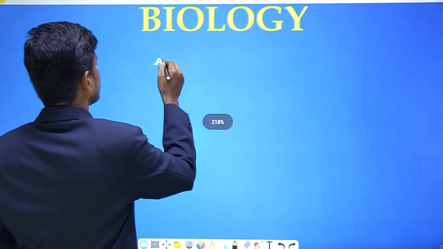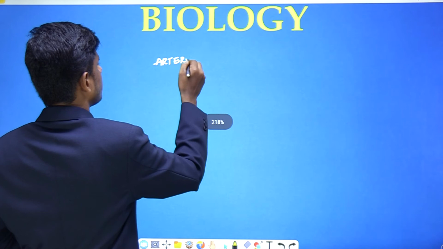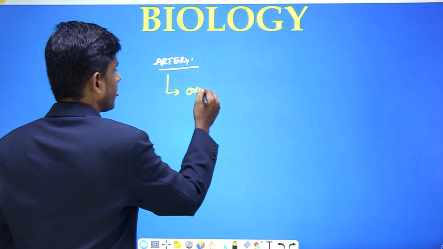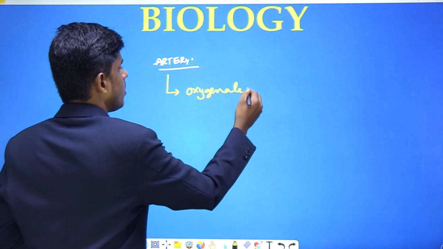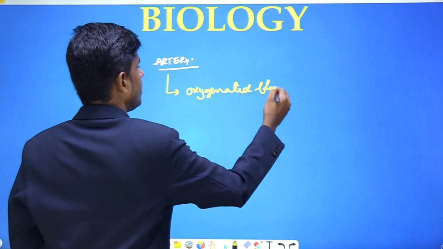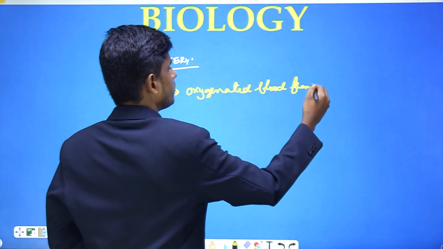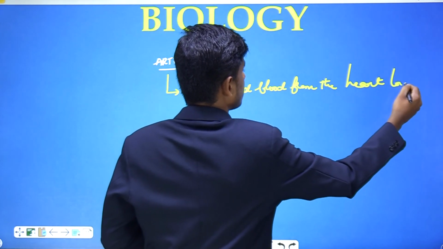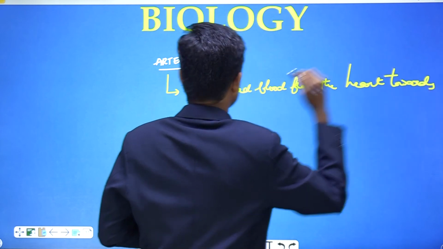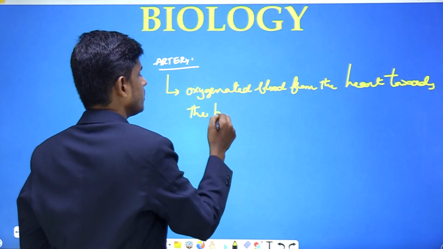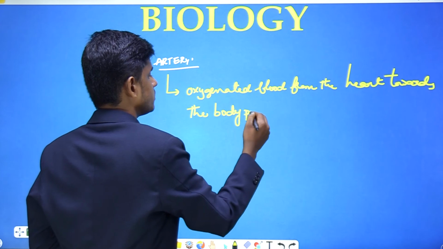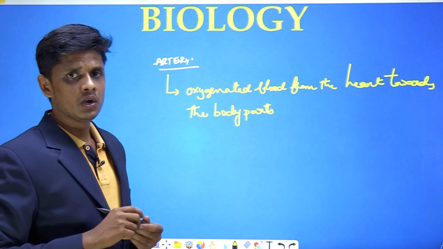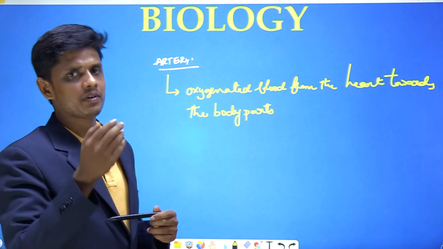And this is the artery, and these arteries carry oxygenated blood from the heart towards the body parts, which means arteries are one of the types of blood vessels which carry blood from the heart to the different body parts.